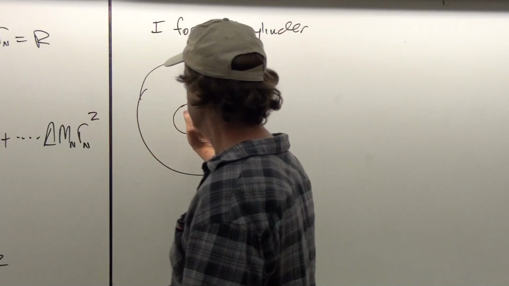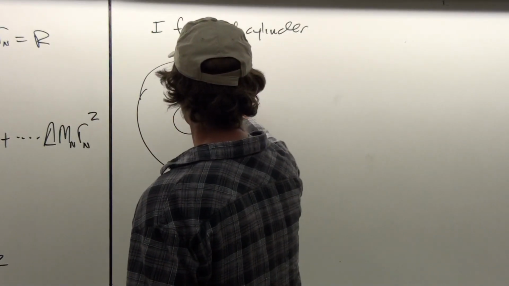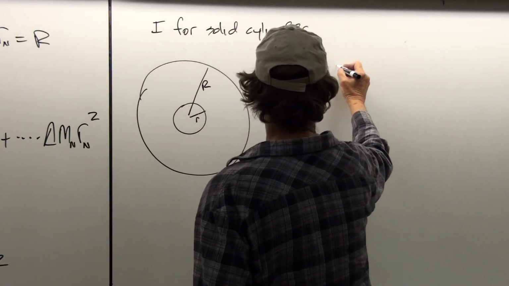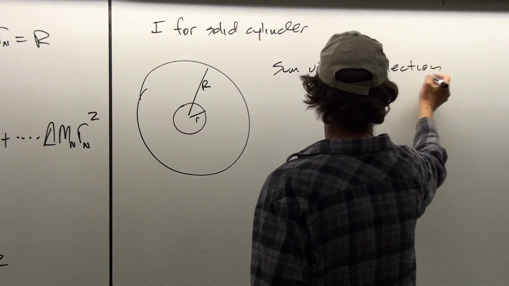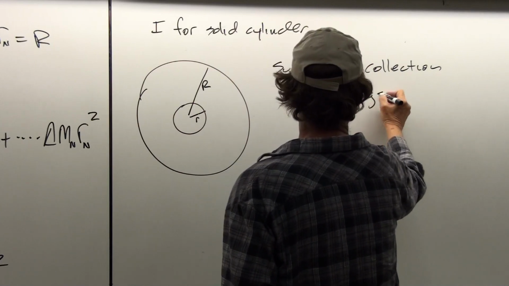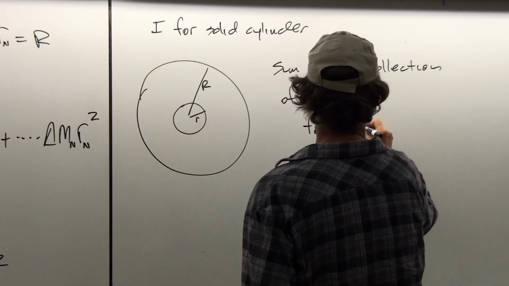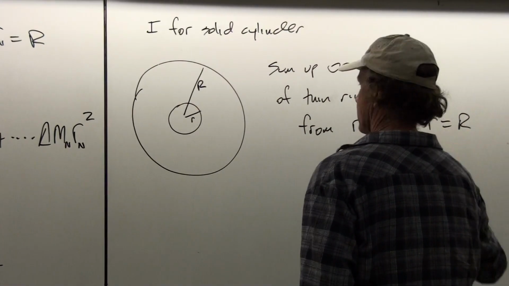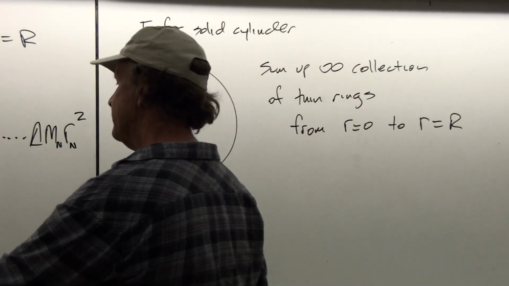Okay, so if we had an infinite number of these little thin rings, each with radius r, until we finally get up to r equals big R, then we could do the same thing that we did here.